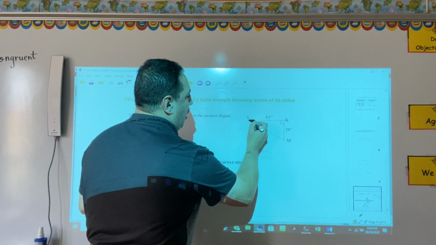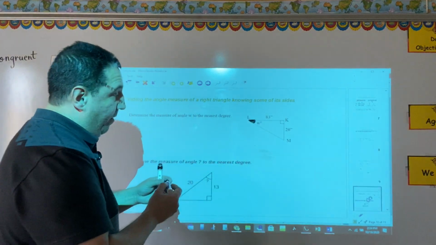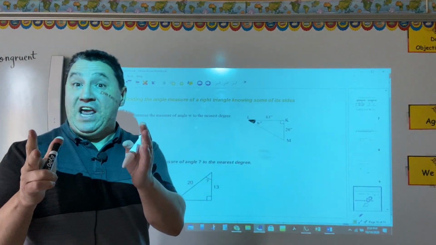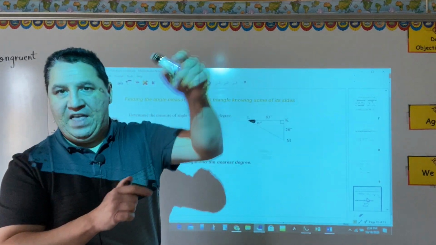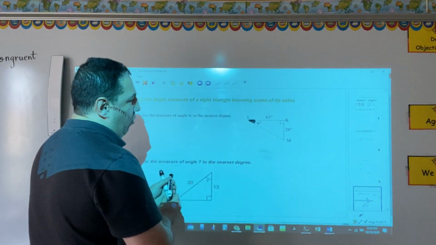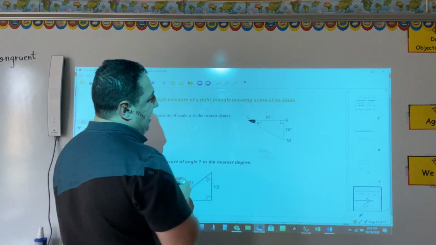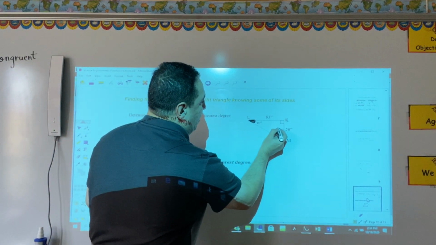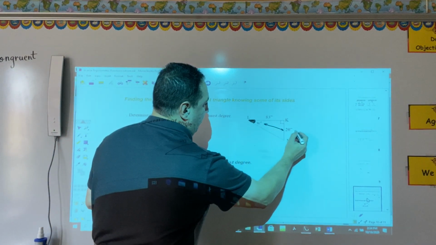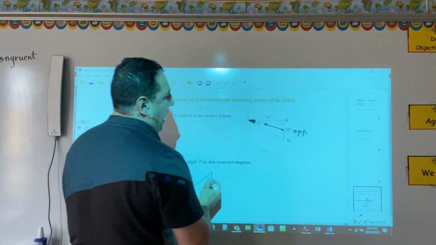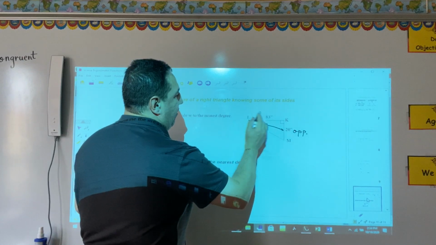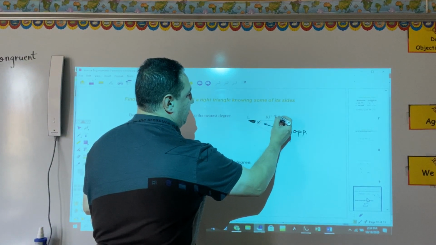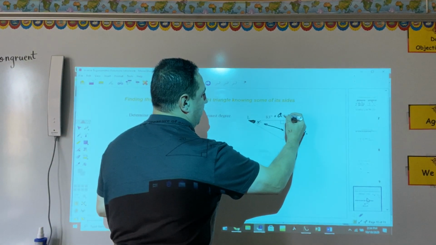And first, we identify the trigonometric ratio, and then we use the inverse of that trigonometric ratio. Now, what is given? Given is this side, which is opposite to the angle, and this side that is adjacent to the angle.